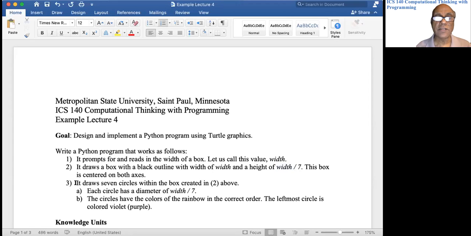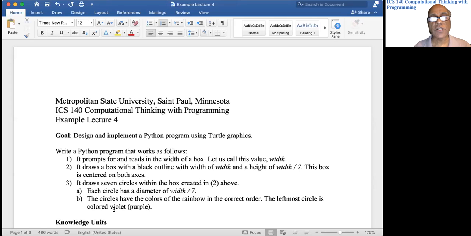Then the third thing, so after drawing this box, the program should draw 7 circles. And each circle has a diameter of width divided by 7. And the circles are colored. So they are filled with colors in the order that those colors appear in a rainbow.